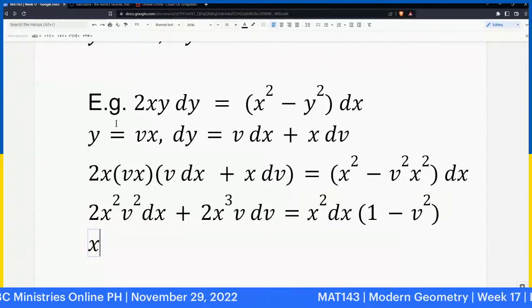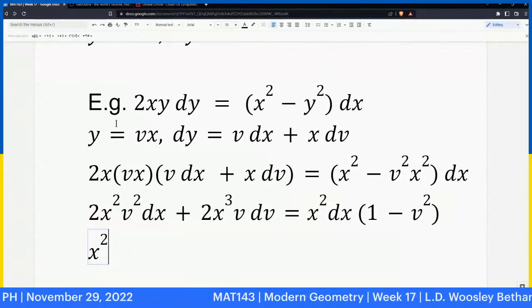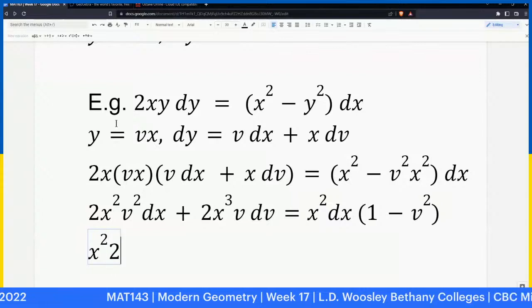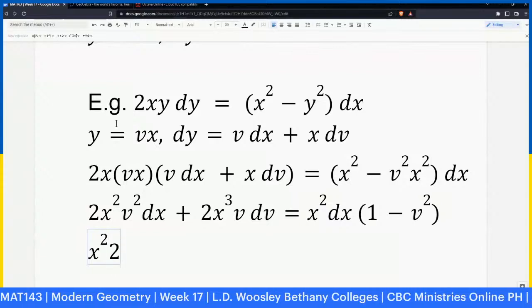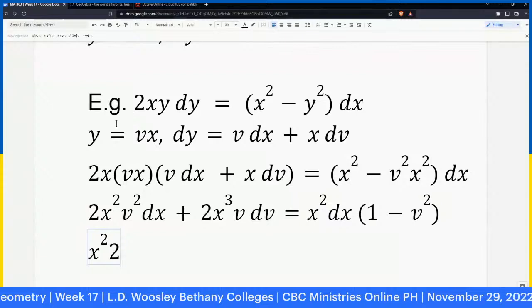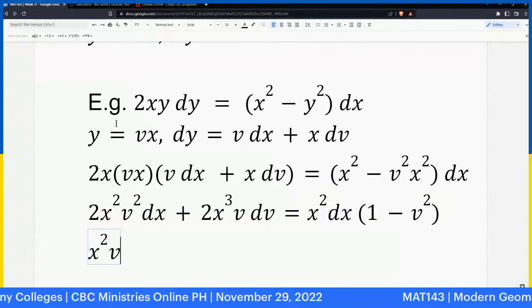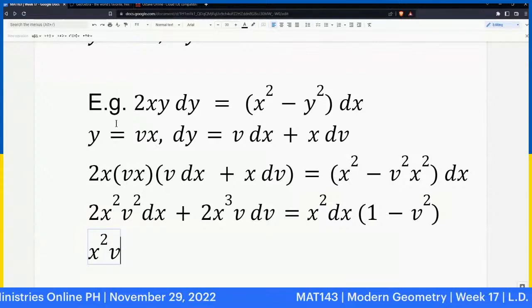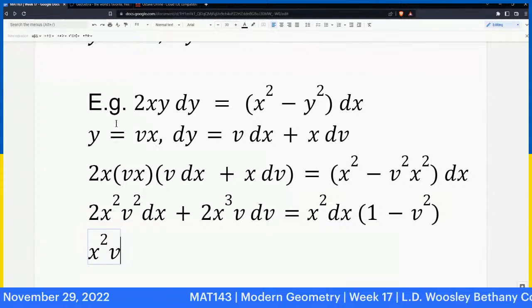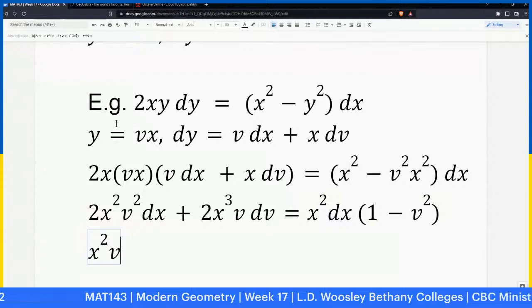So, magka-cancel siya. X cubed, 2, x cubed b. Kaya lang, walang makaka-cancel dun sa kabila, no?